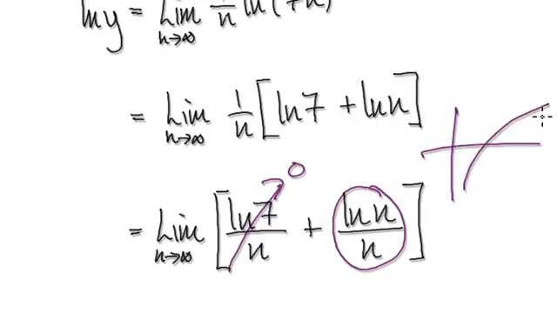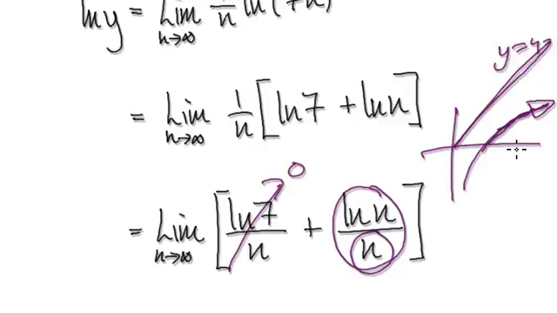From here you should recognize that natural log, yes, it heads towards infinity, but it climbs very, very slowly in comparison to just y equals n. We've seen this many times.